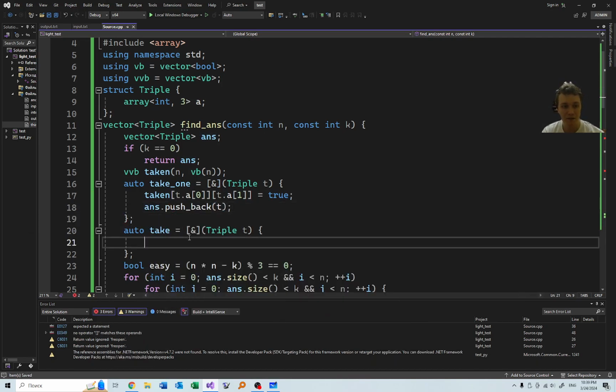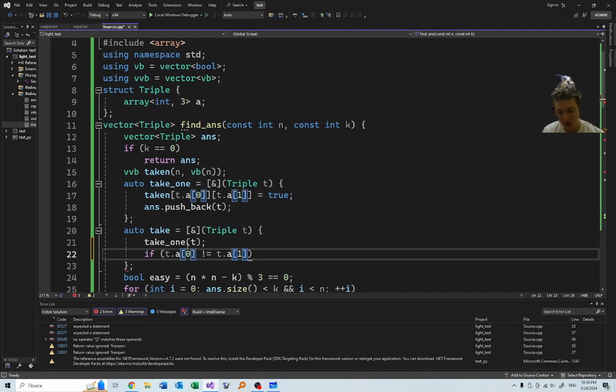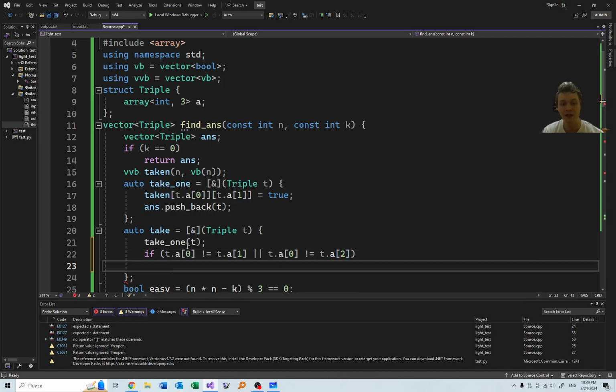How to take not one but the whole triple? Not only do we need to take t, but also if t dot a0 is not equal to t a1, or t a0 is not equal to ta2, so if there is some difference, then we also need to take their cyclic shifts.